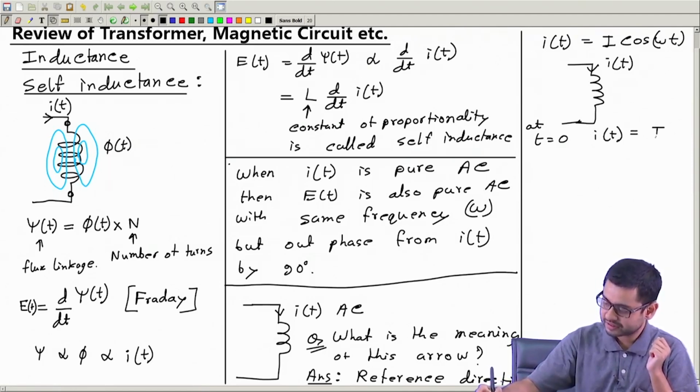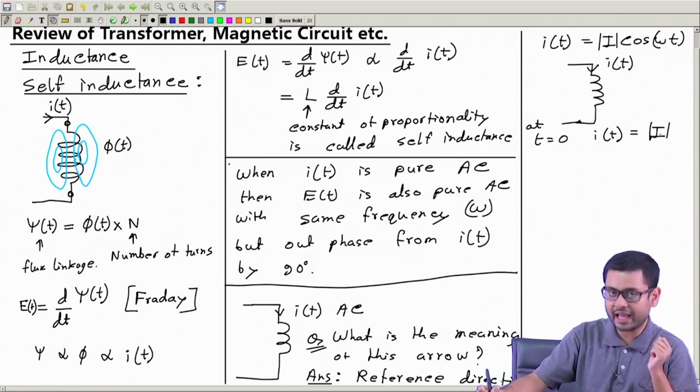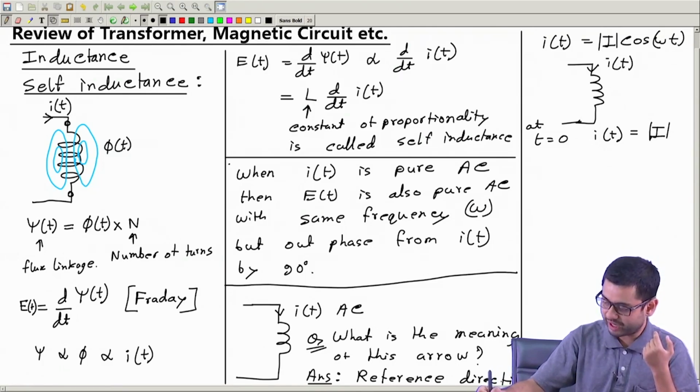It's I. Say this I is a positive number, then at t equal to 0, the current that flows is I, but in which direction? That is in this direction. IT is this much.